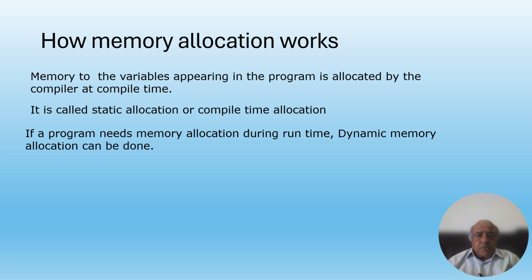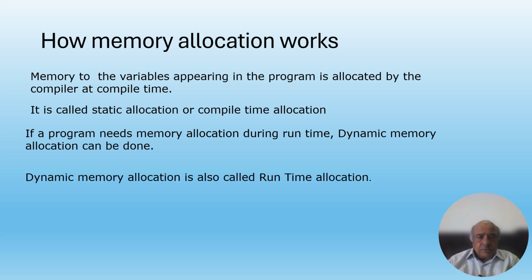However, many programs need memory allocation during runtime for the variables created in the program, and dynamic memory allocation is one way of creating variables dynamically during runtime of the program. In short, allocation of memory to a variable is creation of a variable.